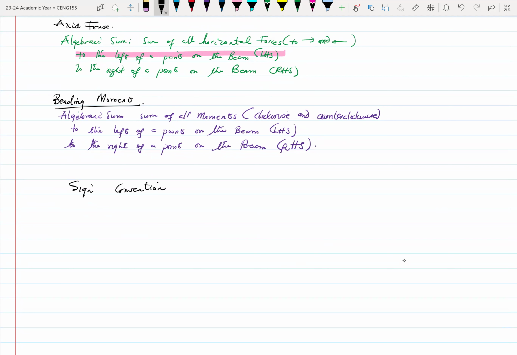Take note, when finding reactions, you more or less decide what directions you want your reactions to be in. But when we are dealing with the internal forces, the internal behavior of the structure, we work with a sign convention. We all agree that this is the way to go, and then we go by that. All right.